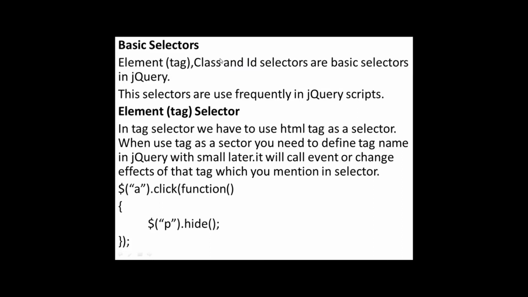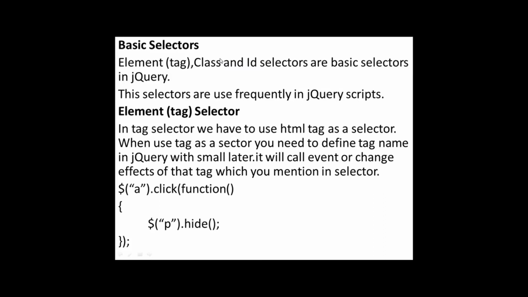This element or tag selector is nothing other than an HTML element or tag, meaning you use the HTML tag name here. Then the class selector, where you mention the class name as a selector, and the ID selector, where you mention the ID name as a selector. These three are the basic selectors which are already used in CSS also. These selectors are used frequently in the jQuery scripting language.